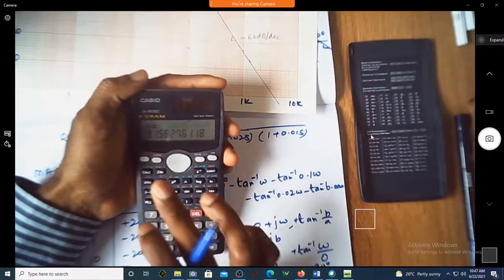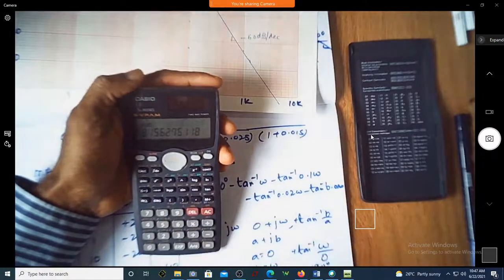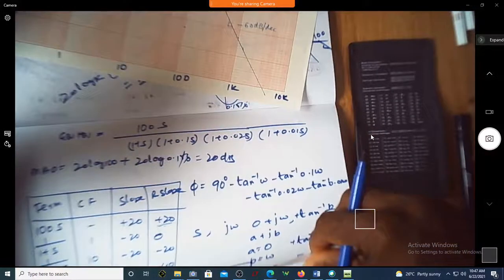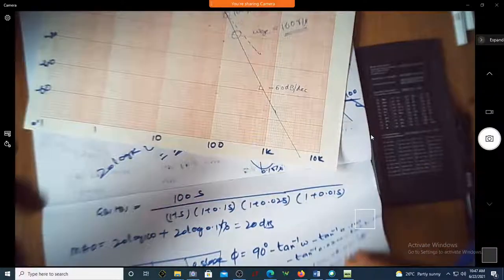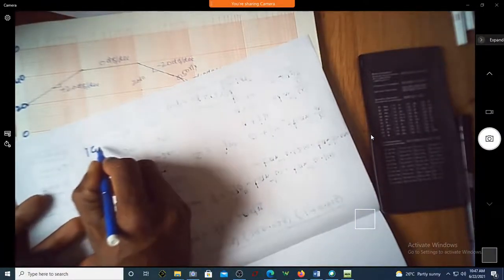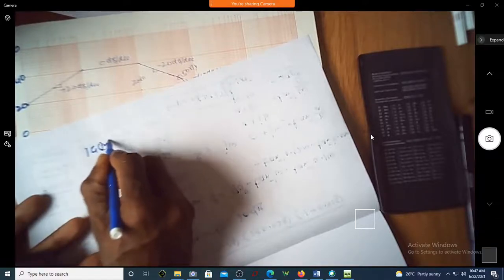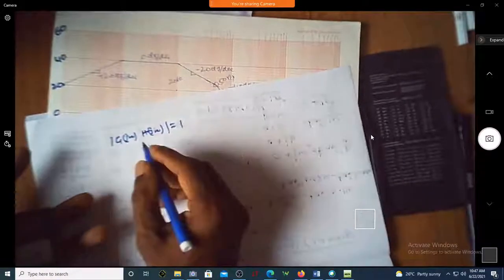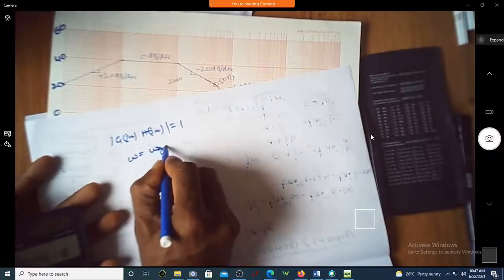Ayush, you just have the same equation with you, so don't discard that. Let us find what is omega GC. So omega GC is where the magnitude of G of j omega and H of j omega is equal to 1, where omega is equal to omega GC. Am I correct?